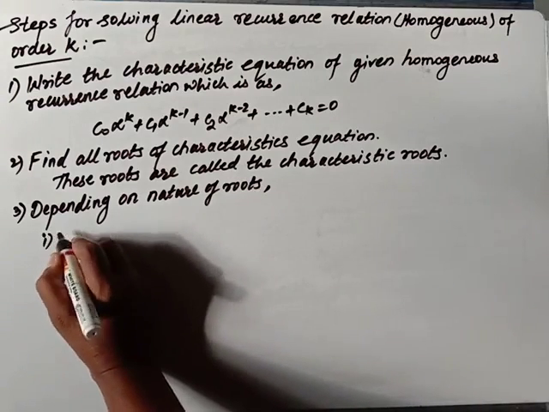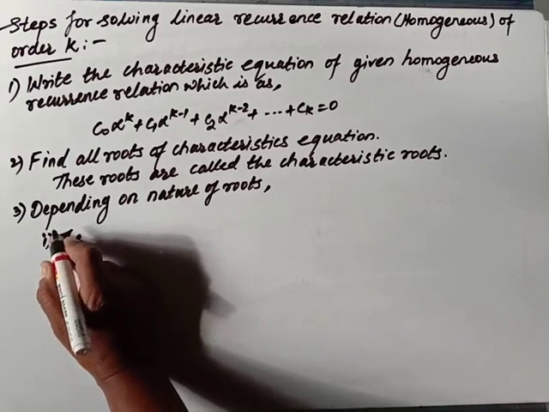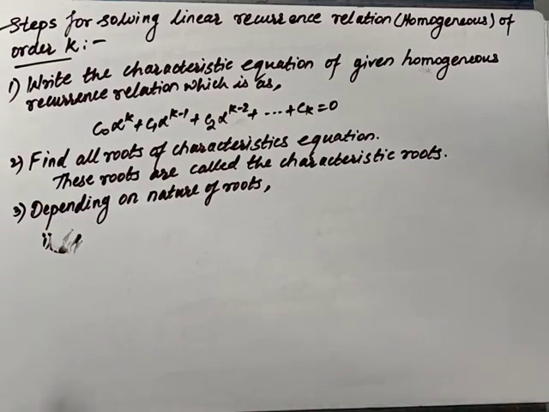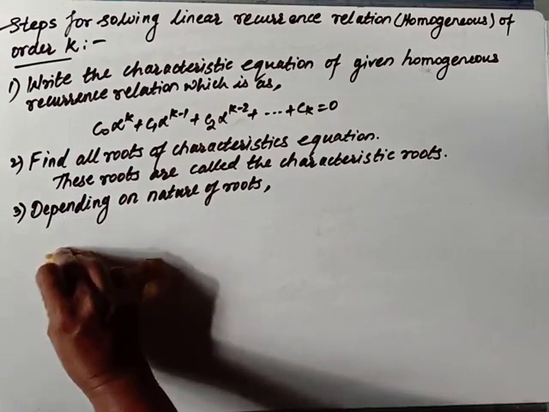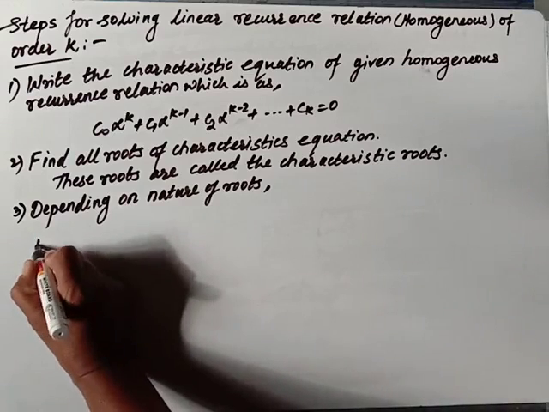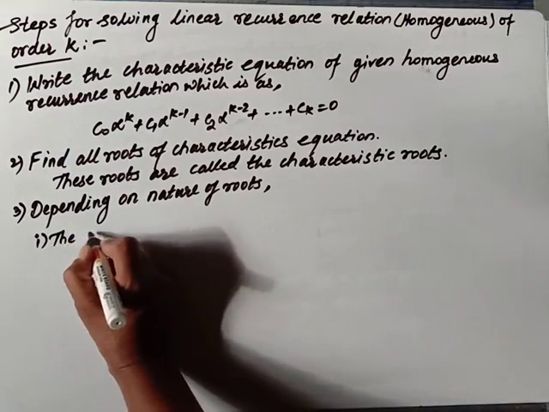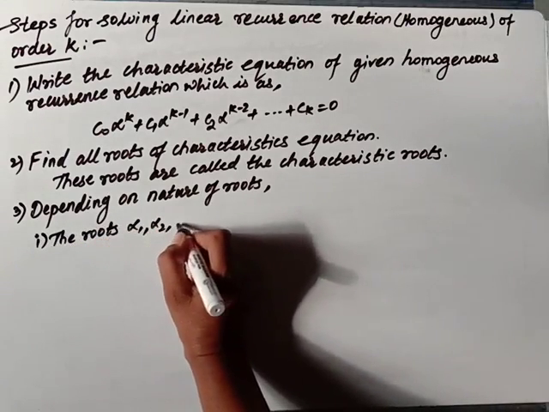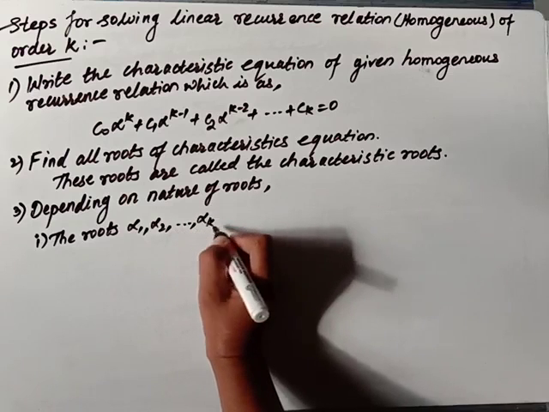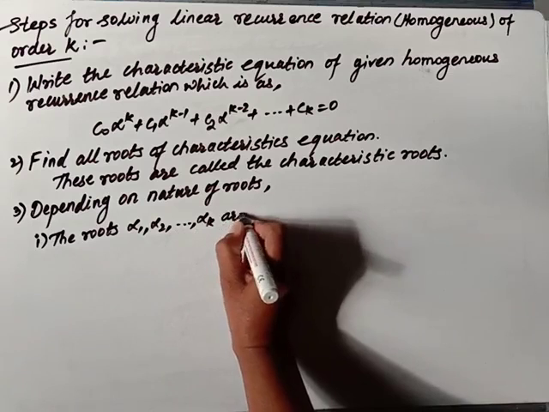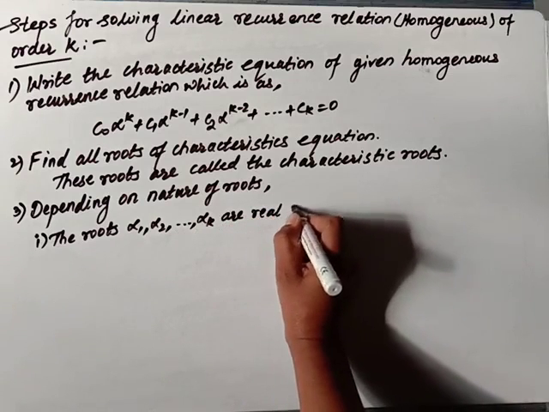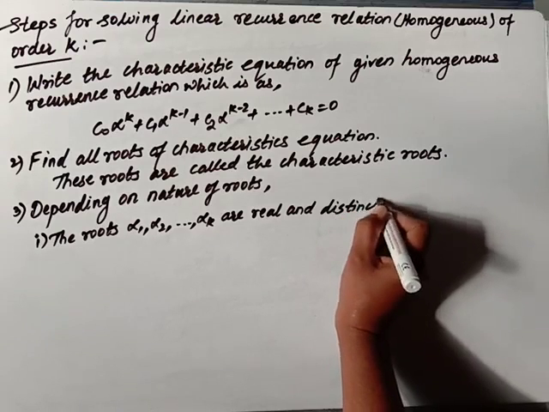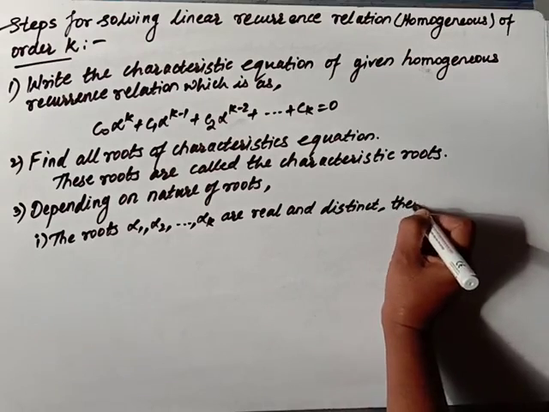So first, suppose the roots alpha 1, alpha 2, so on up to alpha k are all real and distinct.